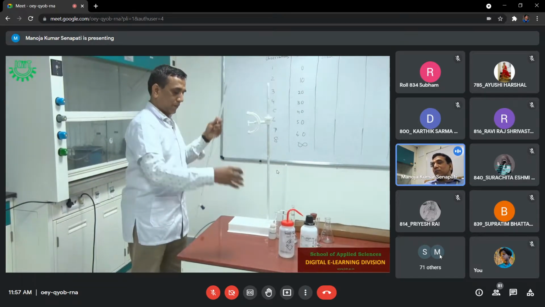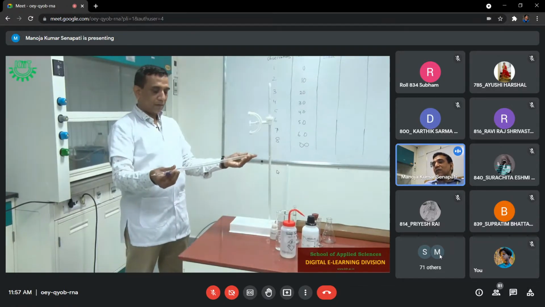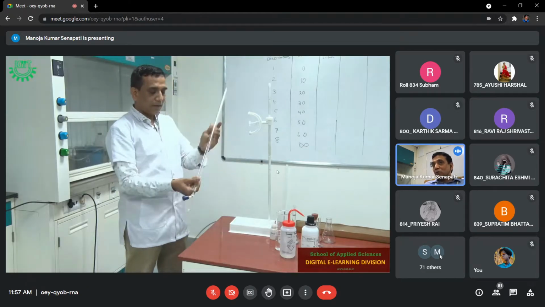So I am taking a few ml of sodium hydroxide solution and rinsing the burette. And after rinsing, the solution should be discarded, thrown out.